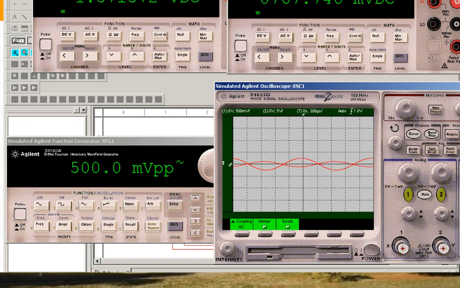So the input's 500 millivolts peak to peak. We're looking at, now it's reading 1, 2, 3, 4. Yeah, 500 millivolts peak to peak, and the output is that's the 1 volt scale.